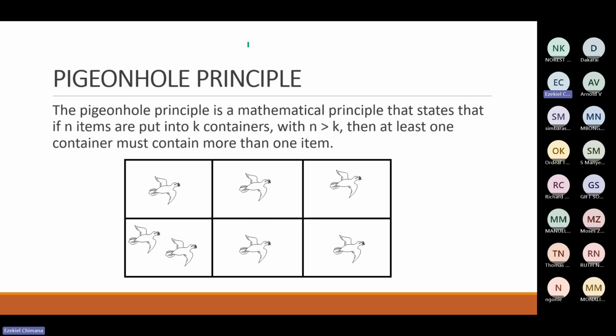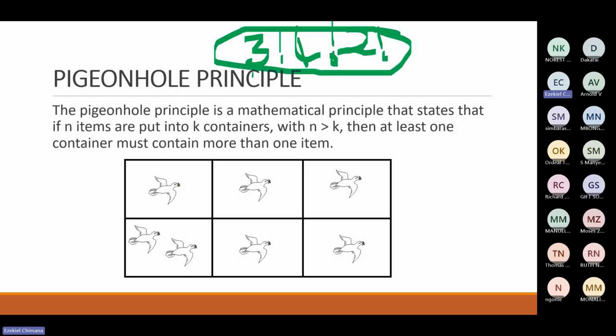If the first letter is repeating 3 times, you say 3 factorial. If the other one is repeating 4 times, say 4 factorial. If the other one is repeating 2 times, say 2 factorial. So you multiply these: 3 factorial times 4 factorial times 2 factorial, and you put it at the denominator, with the total on the numerator, and you just get your answer.